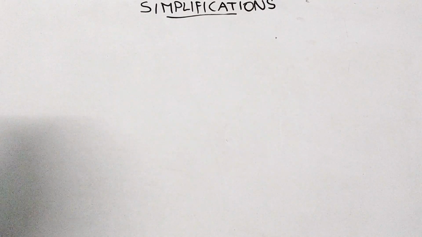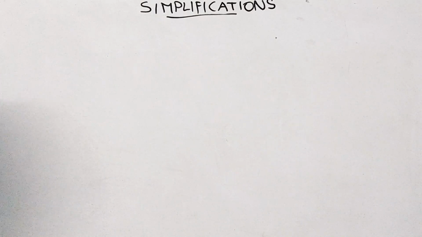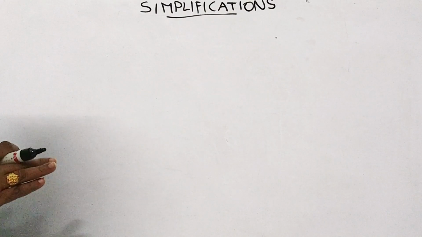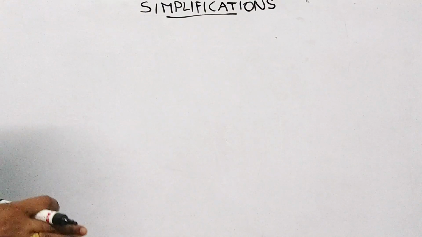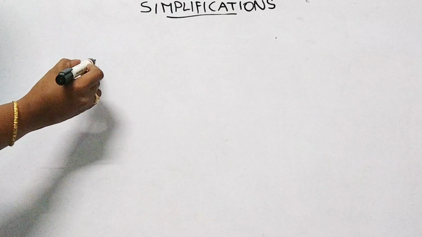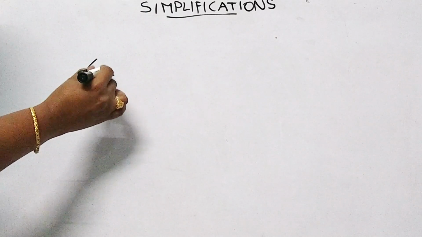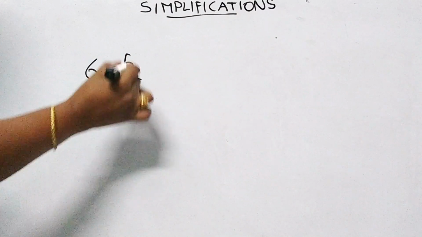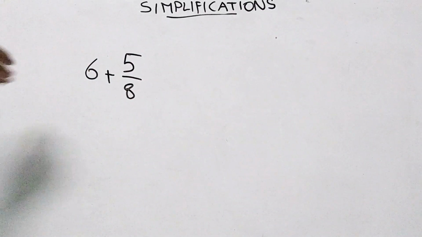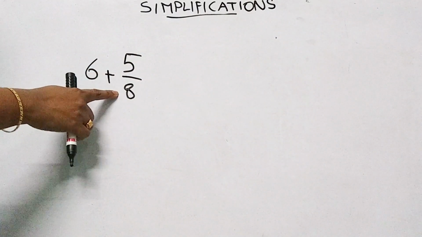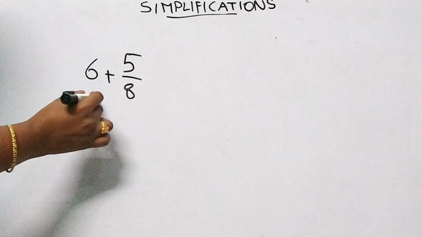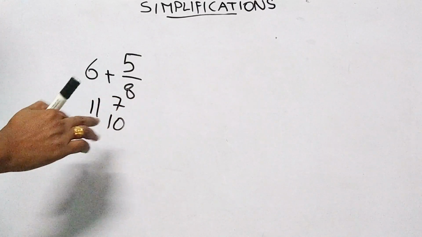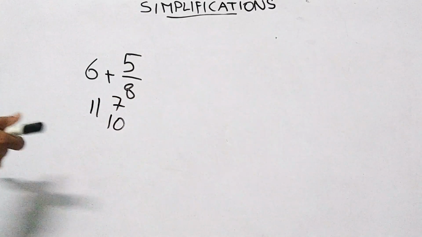But the trick is useful when the fraction has a smaller numerator compared to the denominator. Like this fraction, 6 plus 5 by 8. In this, 5 is less than 8. 11, 7 by 10. 7 is less than 10.